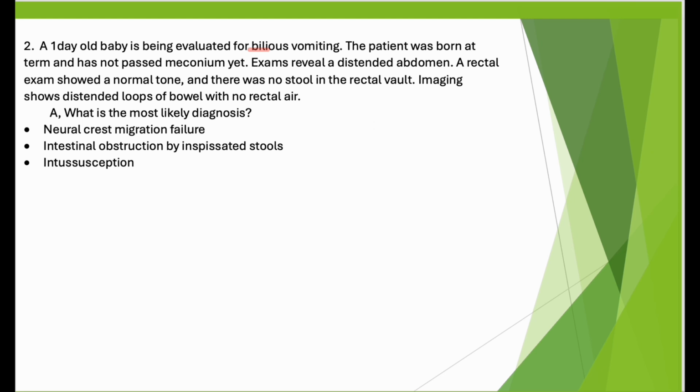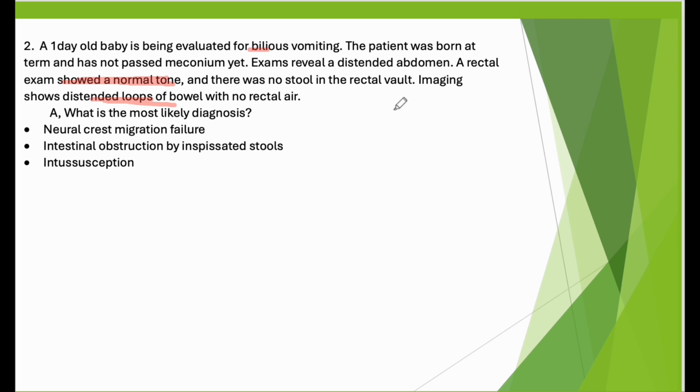Here again, the rectal findings are the most important findings to diagnose the condition. So we are seeing that here the rectal exam shows a normal tone and there is no stool in the rectal vault. Imaging also shows distended loops of bowel.